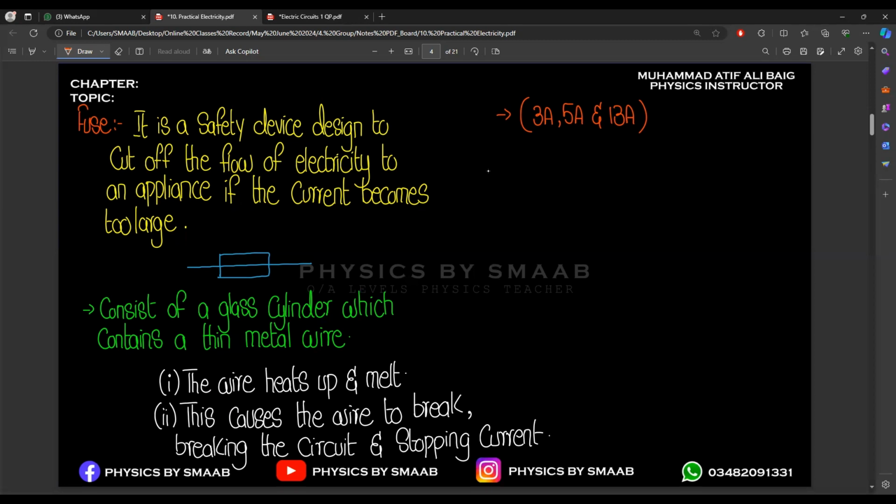So basically you can see there is also a 13 ampere fuse. 13 ampere means if we are using 10, 11 ampere value of electric current in the circuit, then we use this 13 ampere, because if the value exceeds 10 or 11 or 12 ampere, definitely it starts to heat up and finally it will melt and blow, because the value of electric current exceeds in the circuit, right?